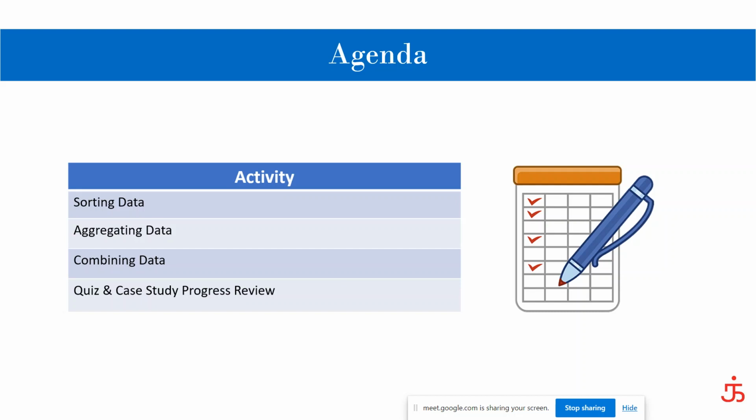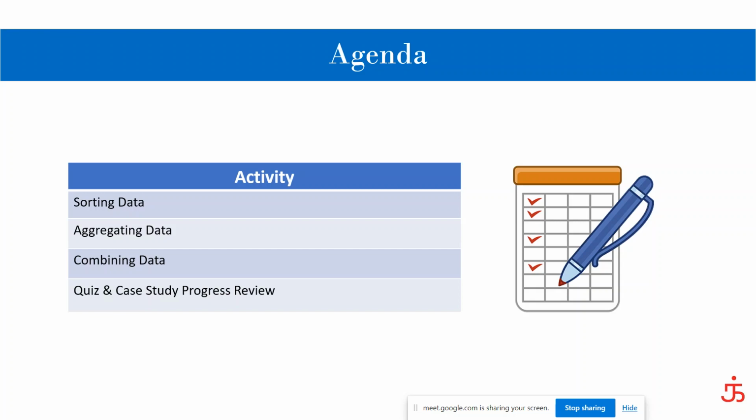First is sorting data. How to sort data, because many times we love to sort the data, right? Without sorting, it's very difficult. Even if you see events or a lot of websites, it would be sorted. Even if you go to Amazon and search, it lists all the items and gives you the sorting option. Even on redbus.in, they give you the sorting option: sort by departure time, by travel name, by rating.